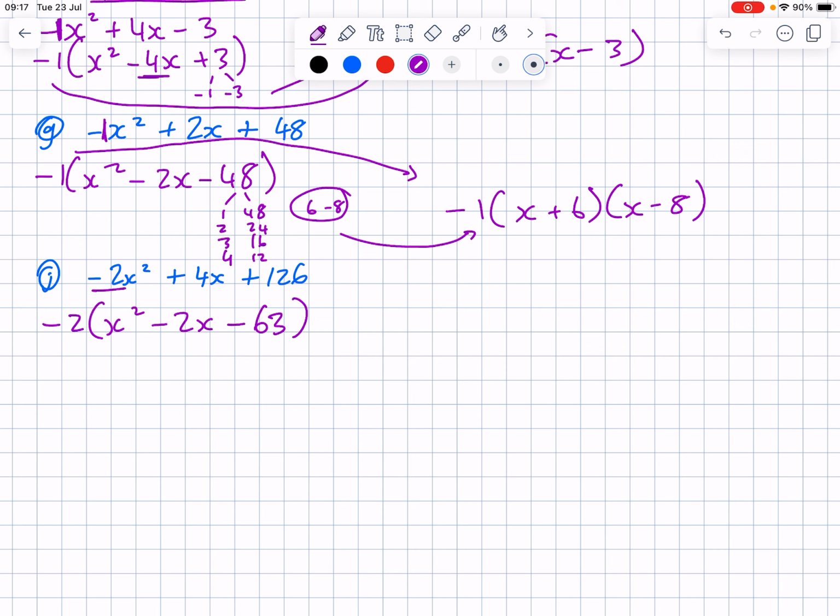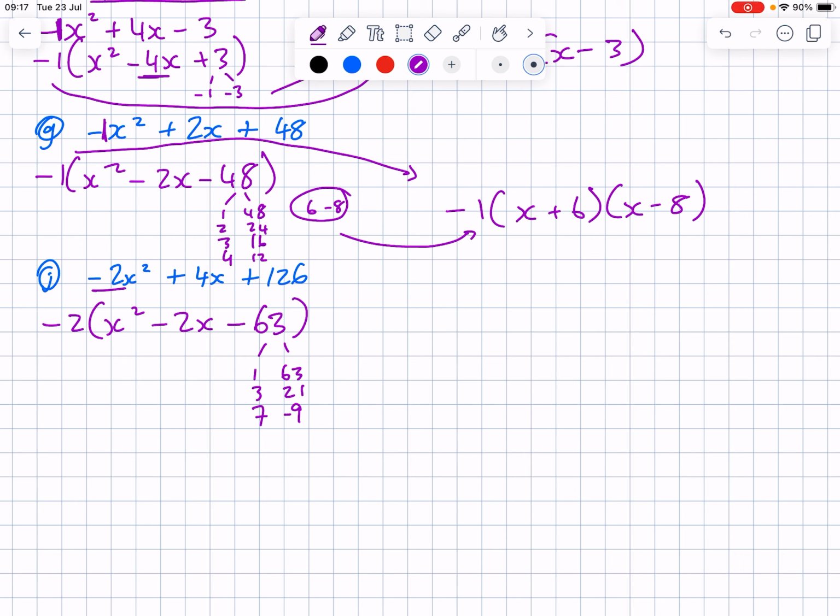So factors of 63: 1 and 63, 2 doesn't go into it, 3 and 21, 7 and 9. Is there a way to get negative 2 with 1 and 63? No. 3 and 21? No. 7 and 9?